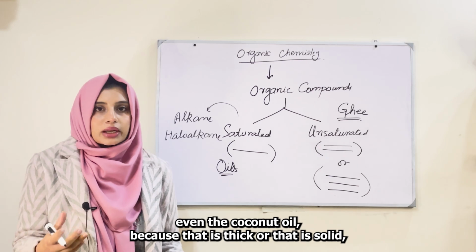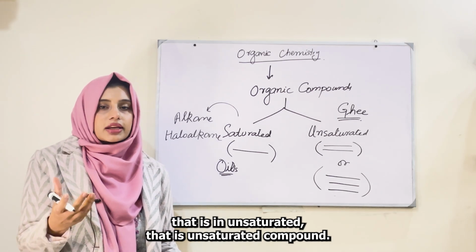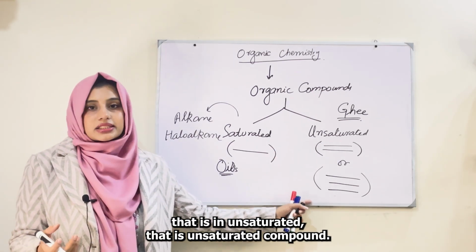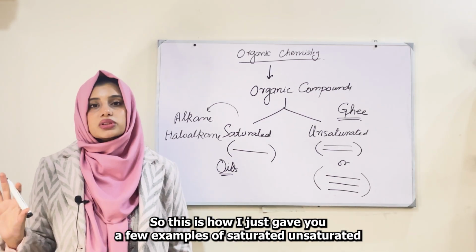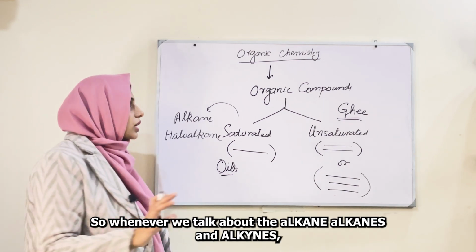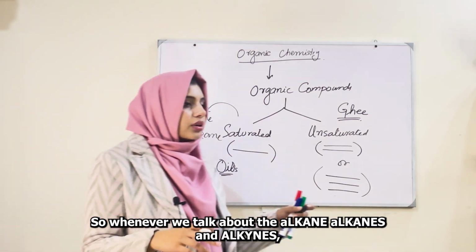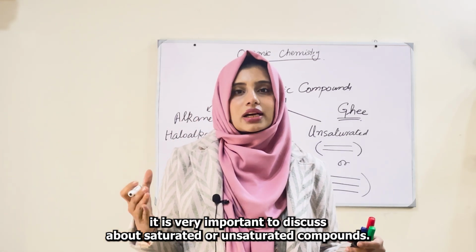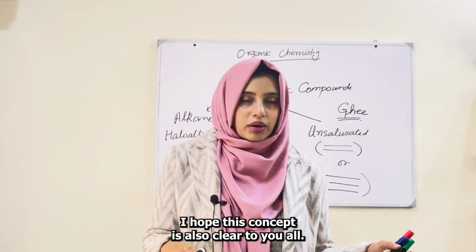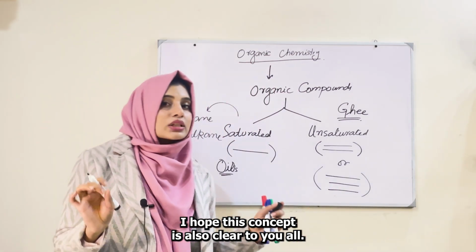Even the coconut oil, because that is thick or solid, is an unsaturated compound. So this is how I gave you a few examples of saturated and unsaturated compounds. Whenever we talk about alkanes, alkenes and alkynes, it is very important to discuss saturated and unsaturated compounds. I hope this concept is also clear to you all.